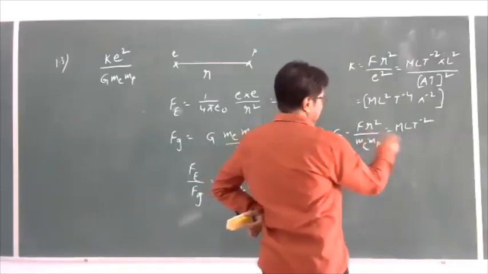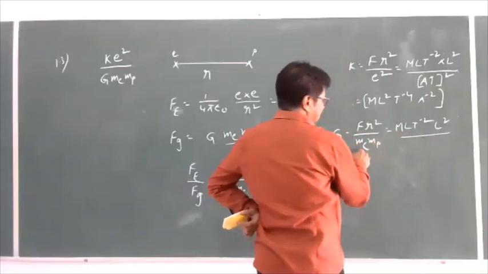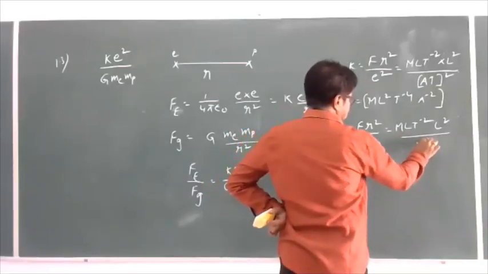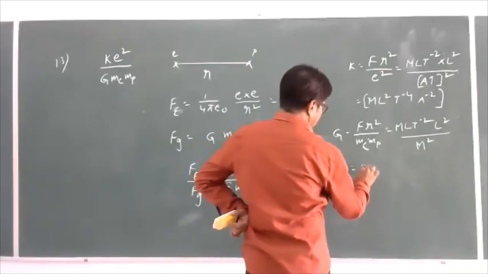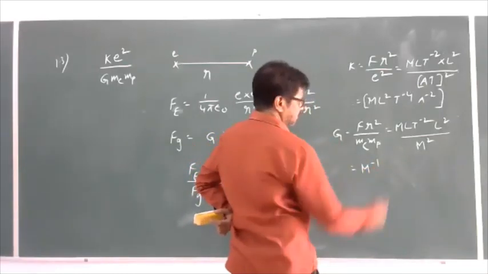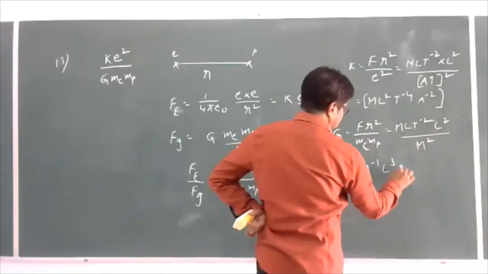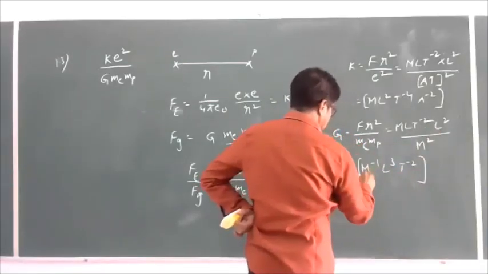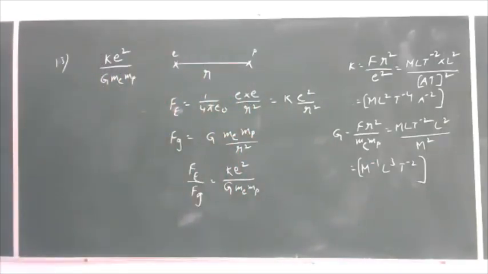R is nothing but a length. Mass M square. Now its dimensional formula will become M to the power of minus 1 L into L square, L cube T to the power of minus 2, is the dimensional formula of G.